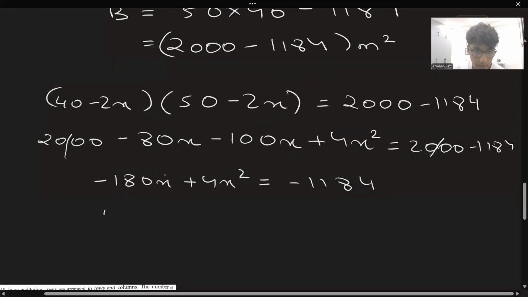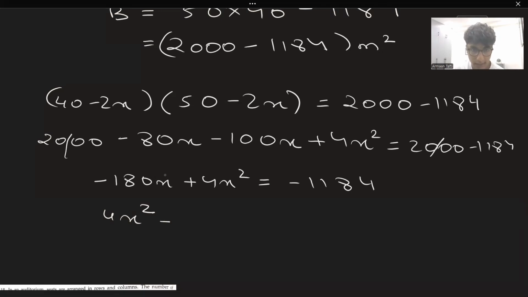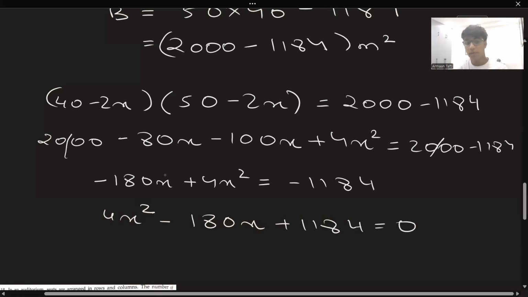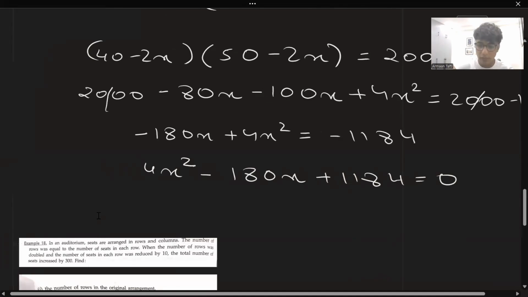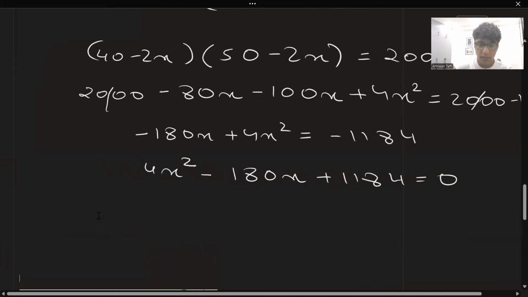Then bring it into the ax square plus bx plus c equals 0 form, so 4x square minus 180x plus 1184 is equal to 0.